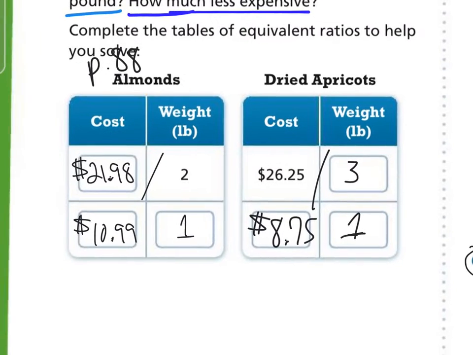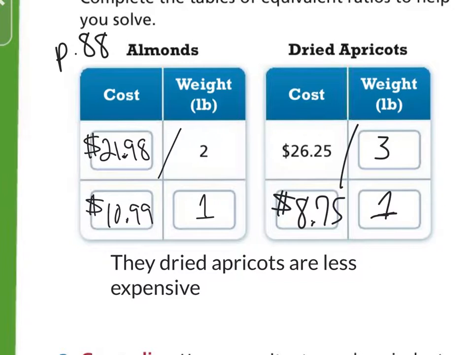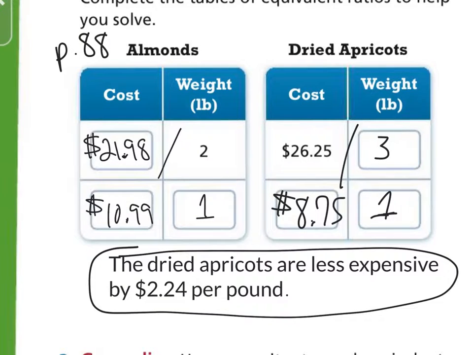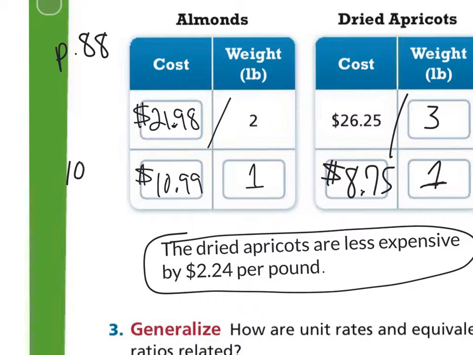So now that we know what 1 pound costs for each of these, we can look at these and say that, and in order to get that, we would need to subtract $10.99 by $8.75 is how we get the $2.24.